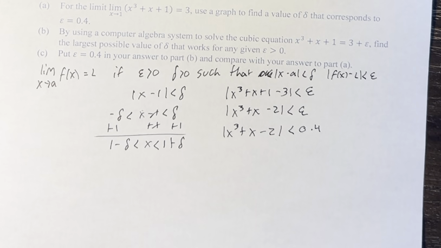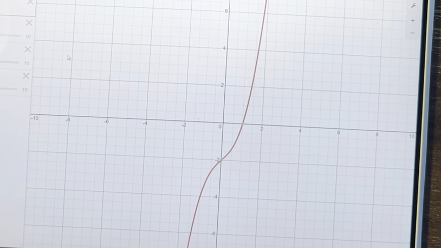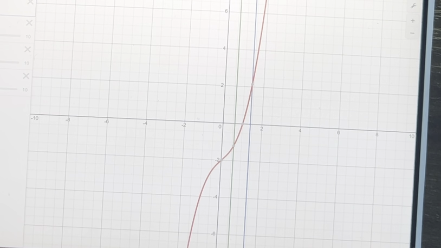So if we have our function graphed, and we look at the differences between the value of the function, actually, we don't need those quite yet.